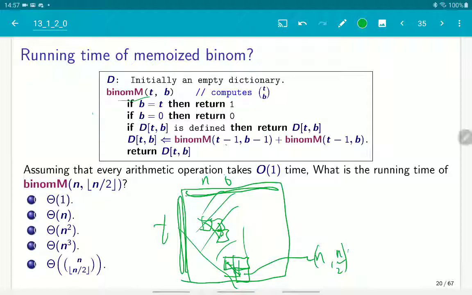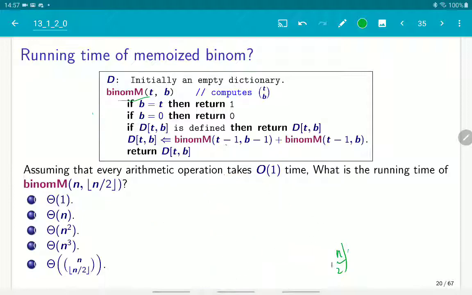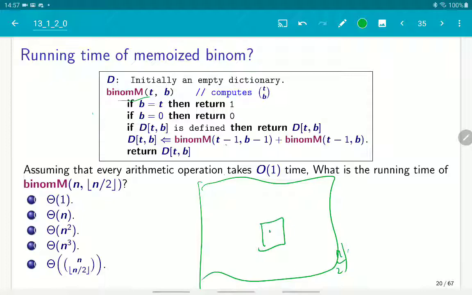When you fill an entry, think about the recursive call. Let's zoom in. We have a cell that we are currently computing. We call recursively to compute those two other values, which we assume the recursive function does in constant time.